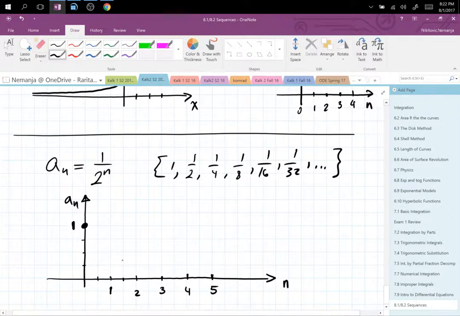Don't remember anything, remember that. First value is at 0, which gives us 1. At 1, we have a half. This is where a half is. And then a quarter, and then 1/8, 1/16th, 1/32nd. And you see that the tendency is, as n goes to infinity, that a_n will go to 0. So that's what it means to converge to 0. As you're walking to the right, the y value settles at that number. So technically it's the horizontal asymptote, right?